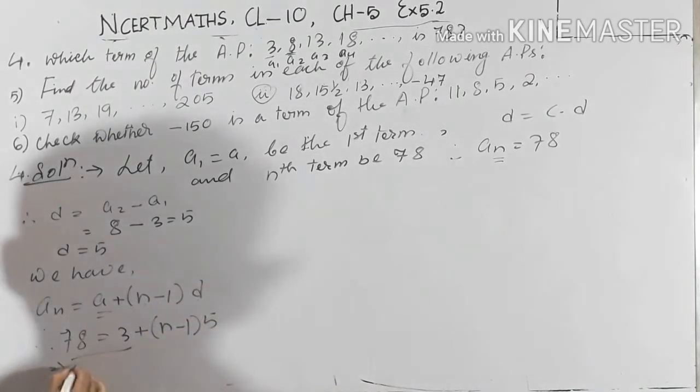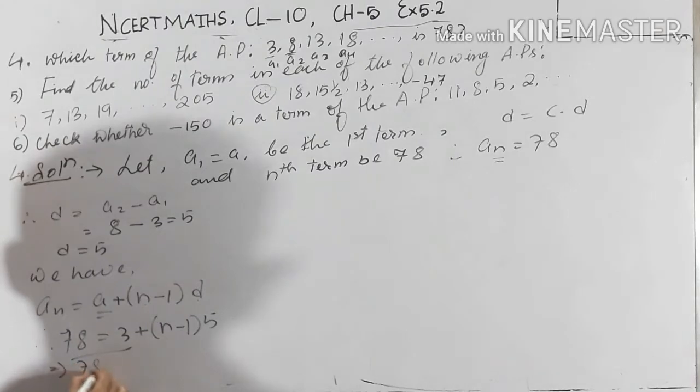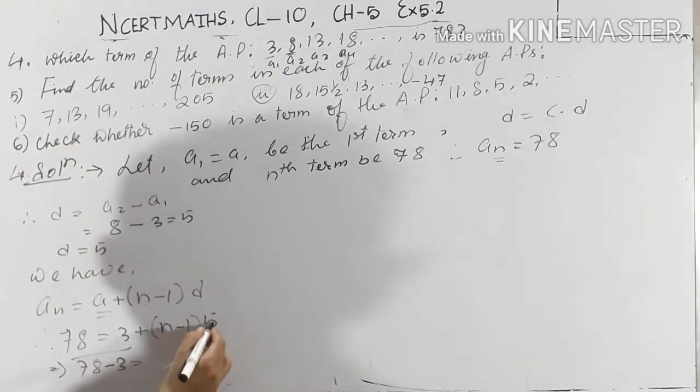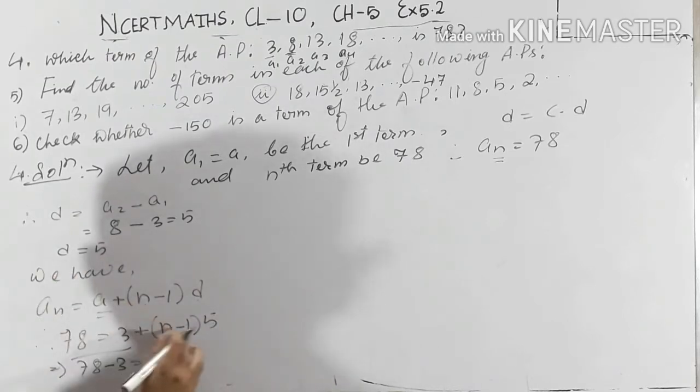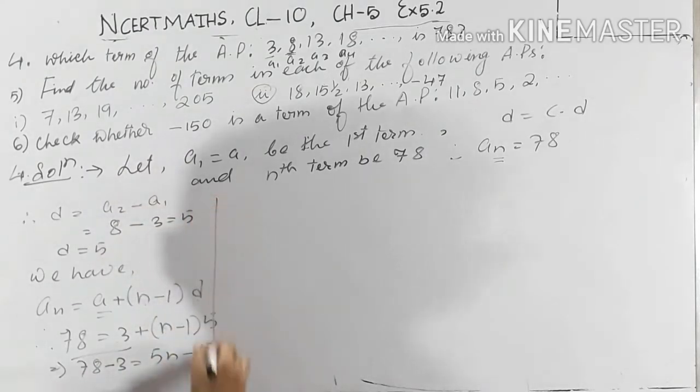On transposing, it was positive, so it will take the place of minus 3 equals, multiplying, 5n minus 5.